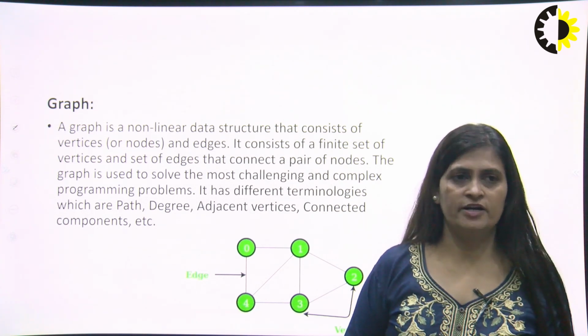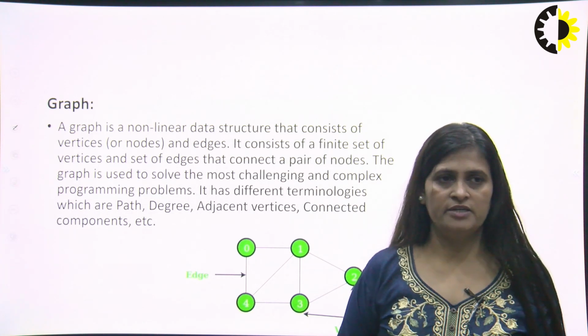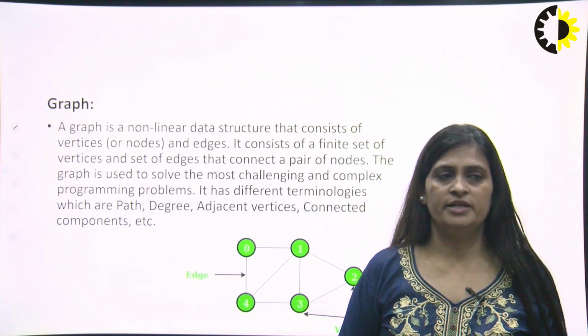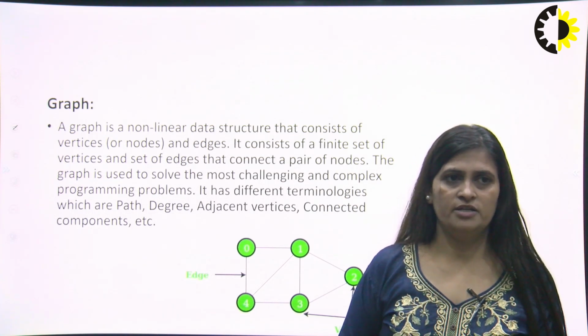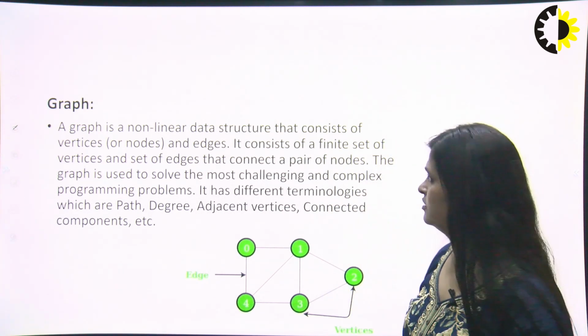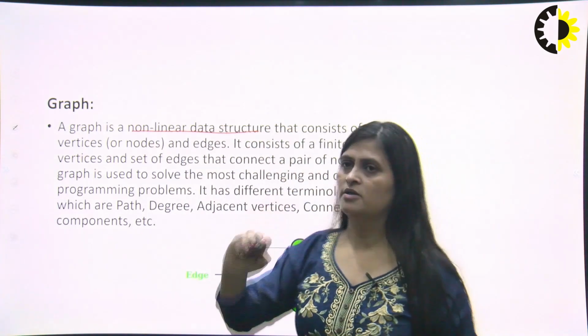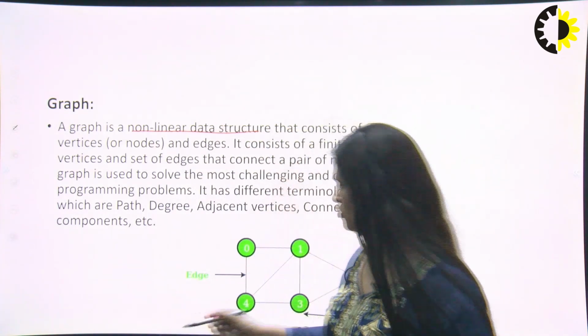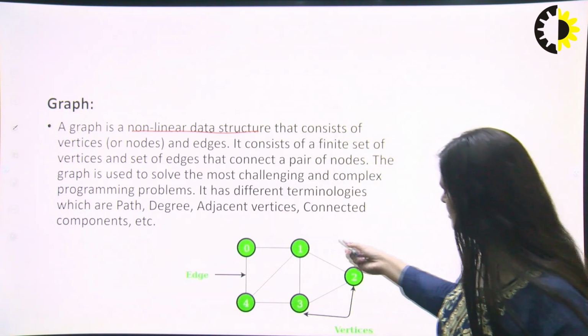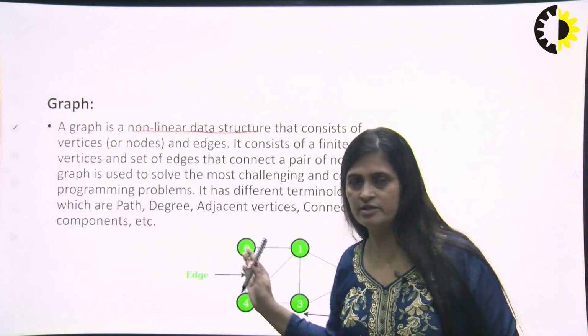It has different terminologies which are path, degree, adjacent, vertex, connected, component, etc. Graph is a non-linear data structure. Why? Because nodes are not arranged in a sequential order or at a single level.